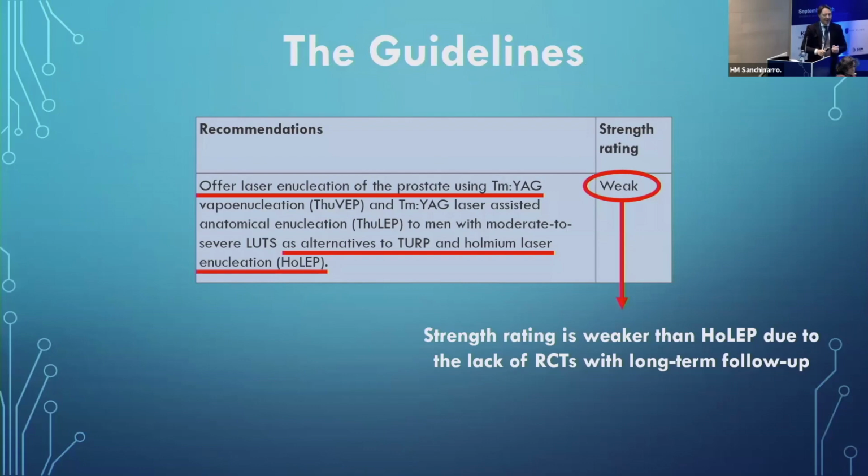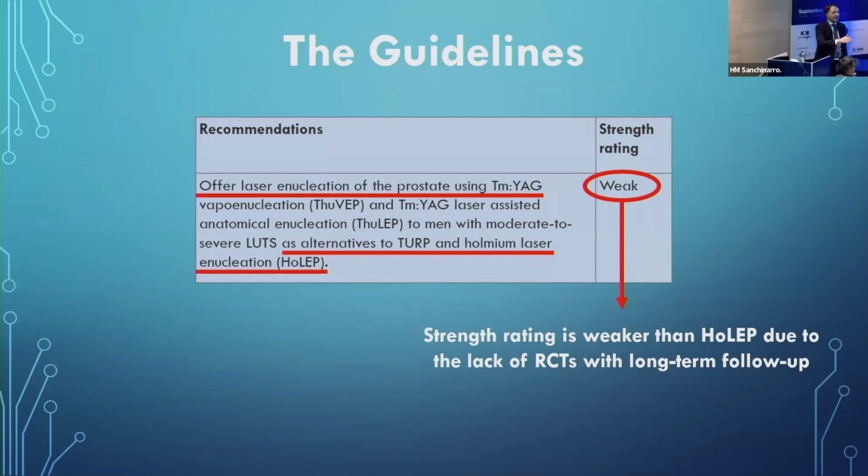And I'm just finishing up this short presentation with the guidelines. We saw a very nice presentation before about guidelines, and I know that Gomez Sancha and I completely agree in saying that TURP is no more the gold standard, but enucleation is.